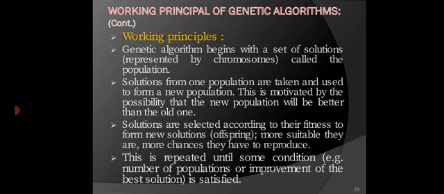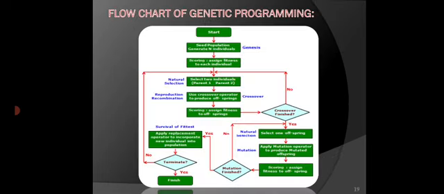So a genetic algorithm begins with a set of solutions known as the population, and the solutions from one population are taken and used to find new solutions, and again the best suited solutions are found. So this process is repeated until the number of solutions or the improved set of best solutions is satisfied.